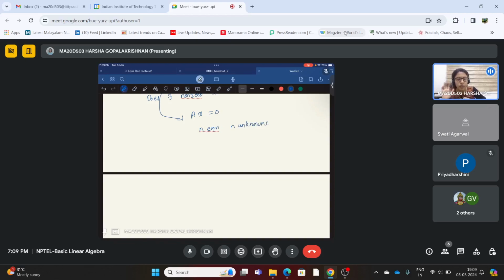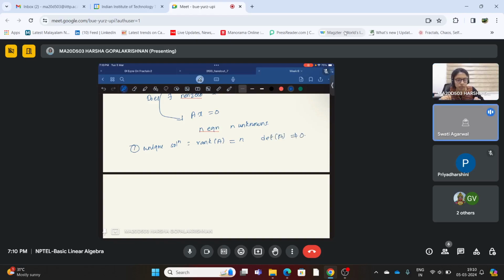When will it have a unique solution? When rank of A is full, rank A equal to n. That is the unique solution. So rank A equal to n means determinant of A is non-zero. No doubt, right?